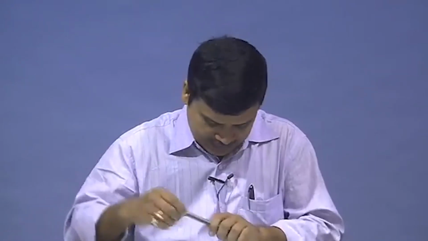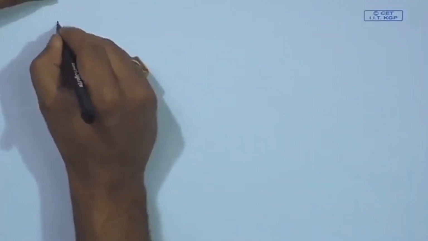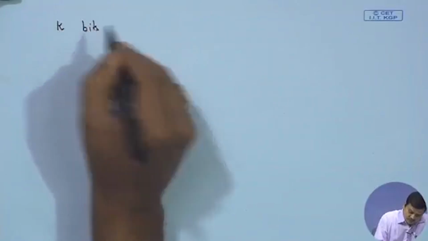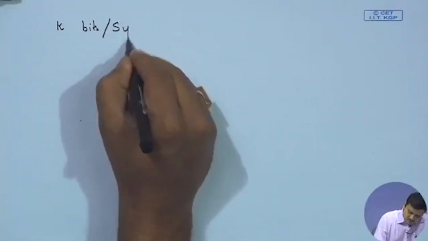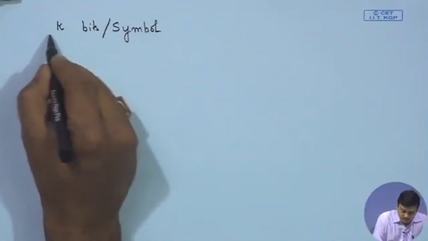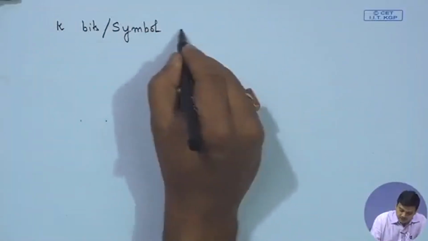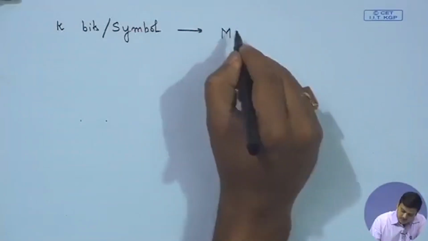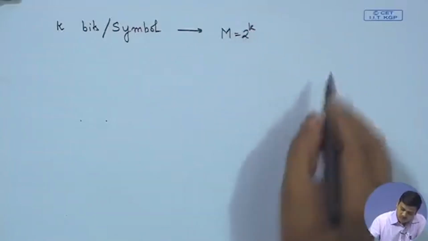So, looking back at some of the schemes that we have studied, we have looked at situations where k, which is the bits per symbol, is one of the important factors used to choose the constellation size, which is M equal to 2 to the power of k.